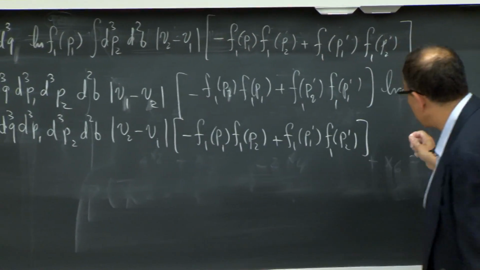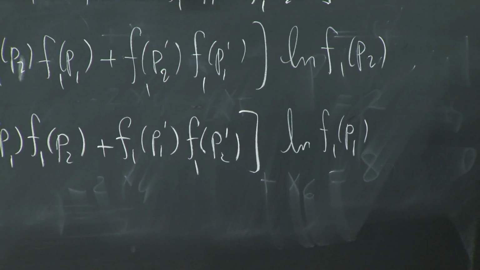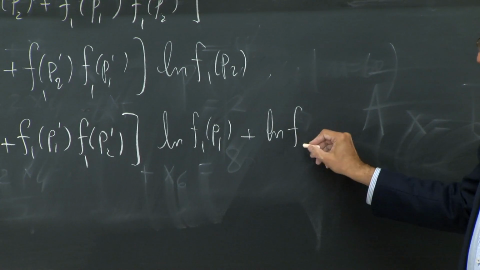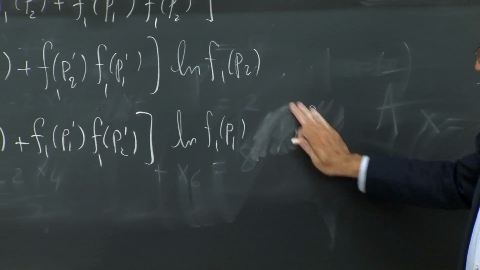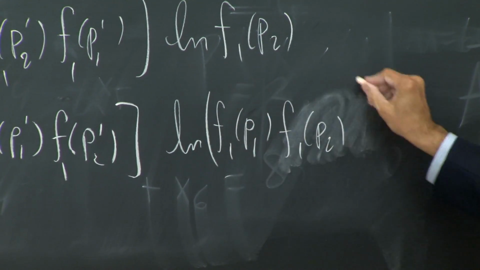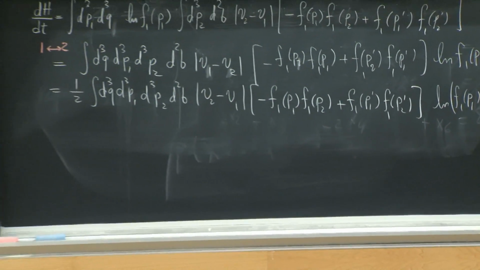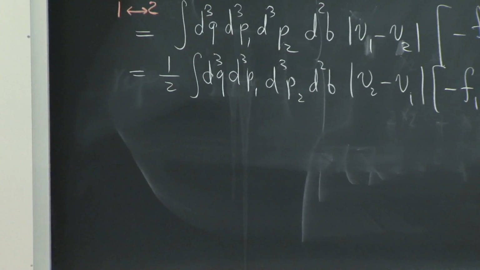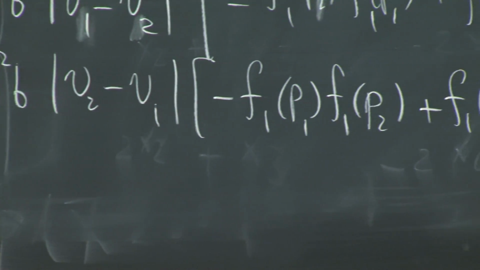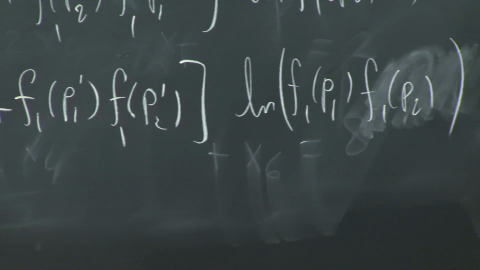And then in one term, I had log of f1 of p1, and I averaged it with the other way of writing things, which was log of f1 of p2. Let's put the two logs together, multiplied by f1 of p2. So the sum of the two logs I wrote as the log of the product. So I just rewrote that equation. If you like, I symmetrized it with respect to the index 1 and 2. And so the log f1 that previously had one argument through this symmetrization became 1/2 of the sum of the two.